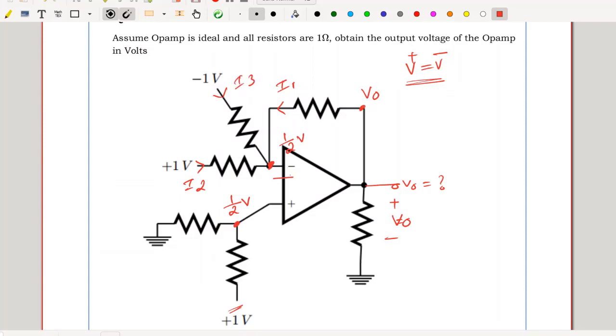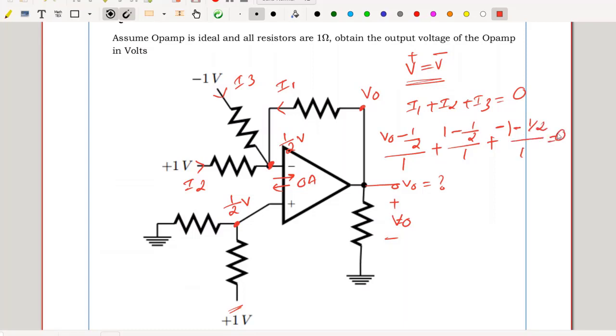There is no current into the op-amp. There is no current from the op-amp. Hence the currents I1 plus I2 plus I3 should be equal to 0. KCL at V minus node. I1 is nothing but (V out minus 1 by 2) divided by 1 ohm, plus I2 is nothing but (1 minus 1 by 2) by 1 ohm, plus I3 is nothing but (minus 1 minus 1 by 2) divided by 1 ohm, should be equal to 0.